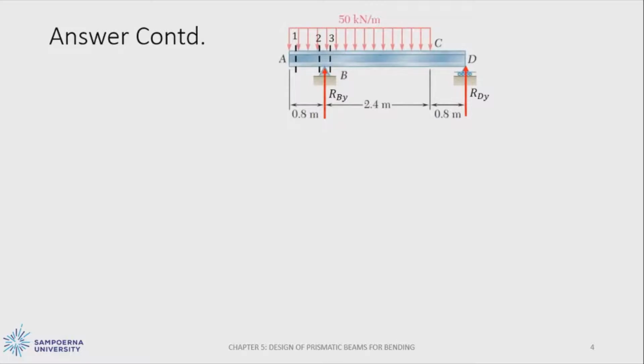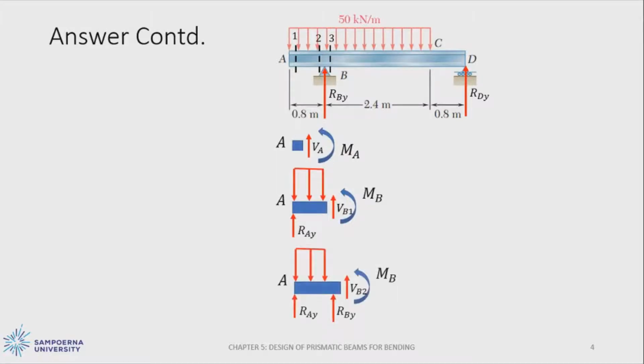Then after obtaining the reaction forces acting on the system, we can create partitions. We have the first partition just after point A, and then the second partition is just before point B, on the left part.